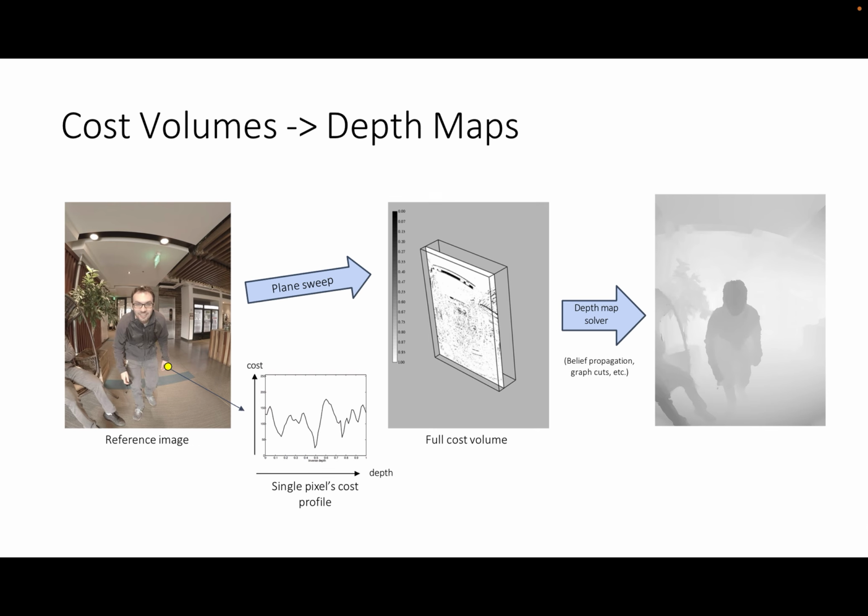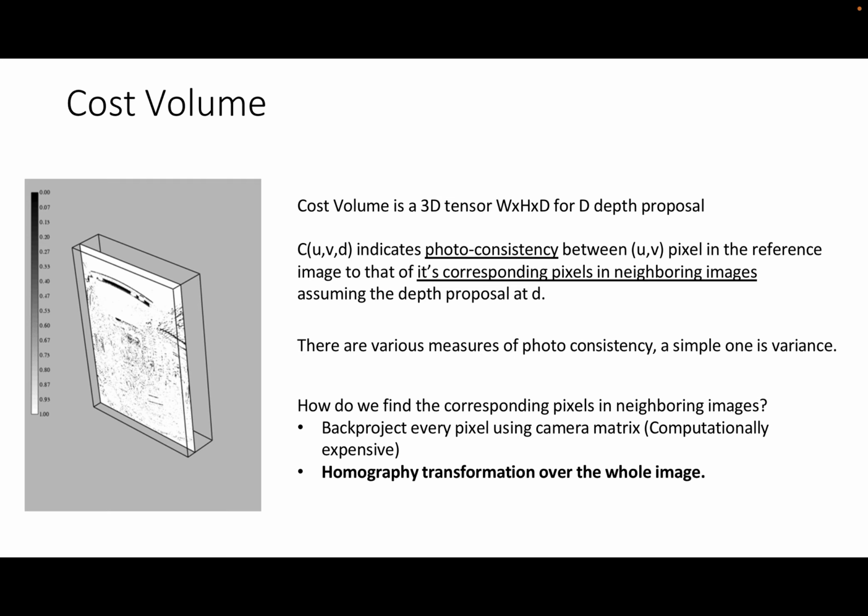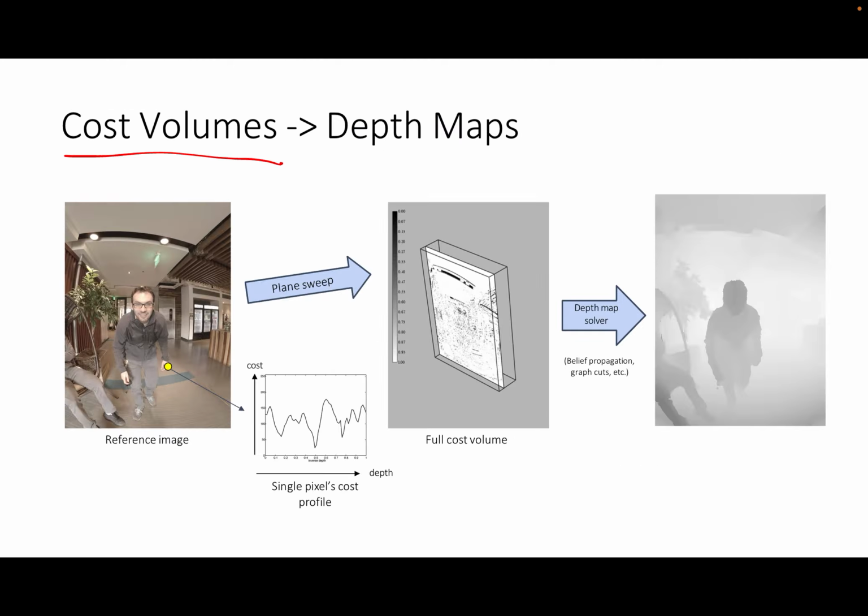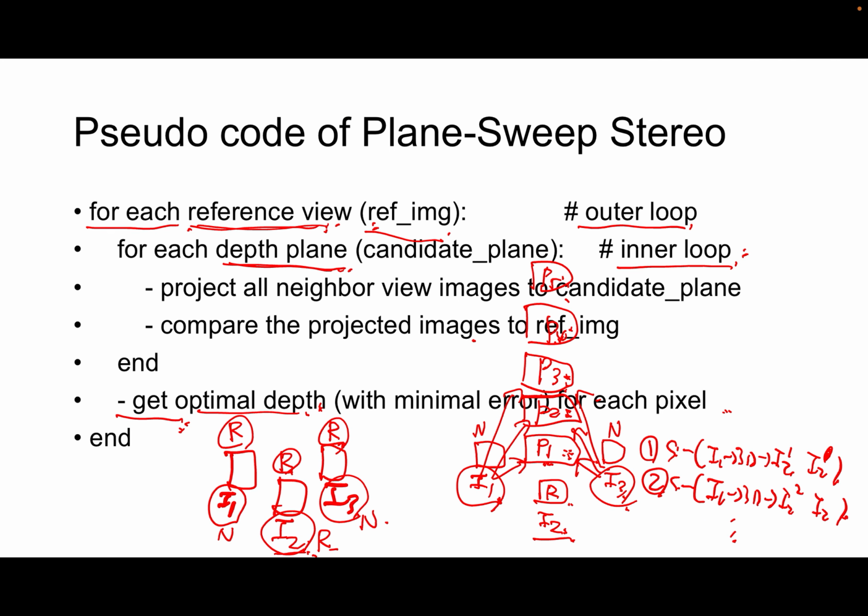This set, the concatenation of these similarity planes, is called the cost volume. So the cost volume is a 3D tensor with width, height and depth, where D is the number of depth proposals.